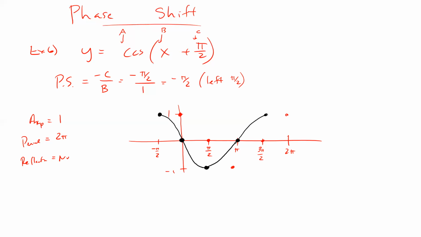So on your homework, sometimes you will just have to graph one complete cycle. And this would be one complete cycle. Sometimes in the homework, it'll tell you to graph from here to here, so from 0 to 2 pi. On this one, I just graphed one complete cycle.